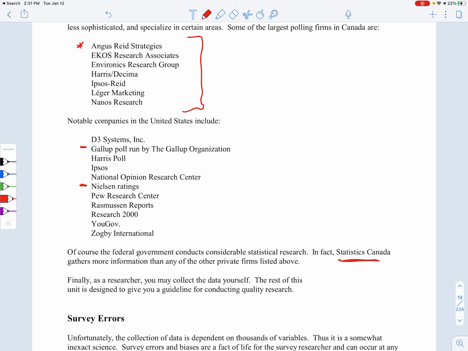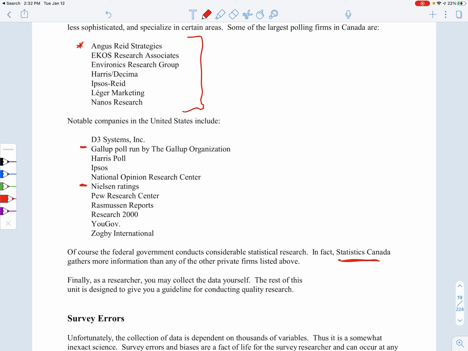So Stats Canada is big, and it has traditionally had a very good reputation around the world. There have been some issues with it even in recent years, and so its reputation has dropped a bit, but it has also worked to clean up its act.